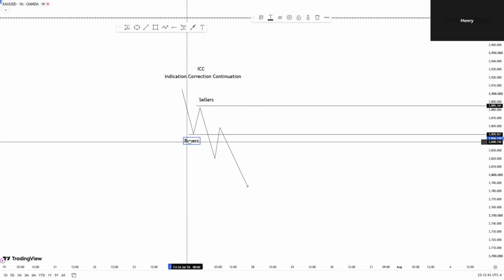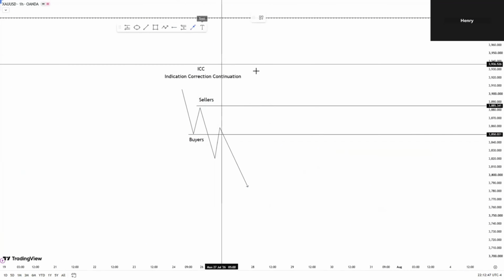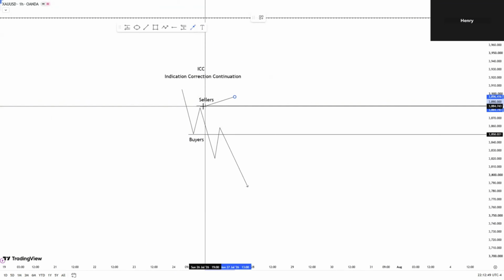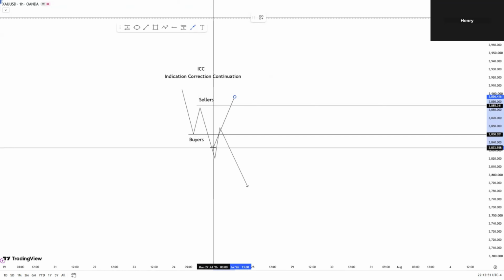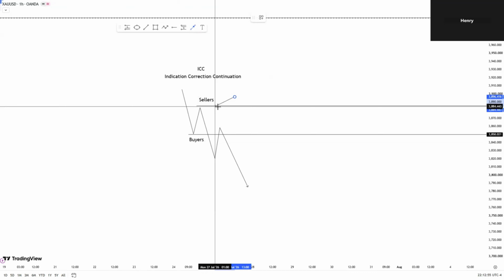So why do I say a lower high is a level of sellers and a lower low is a level of buyers? Because we have sellers at this point pushing price down, and we have buyers at this point pushing price up. So how do we get to know what price is doing? We look for key levels.